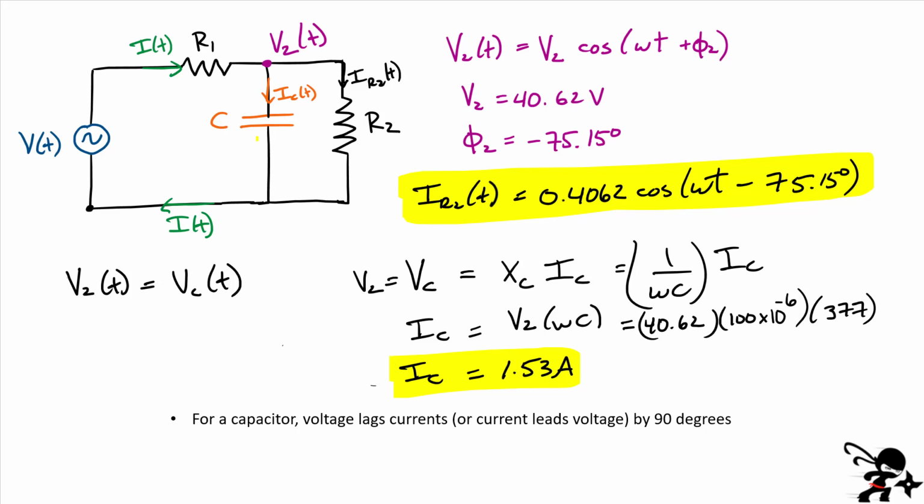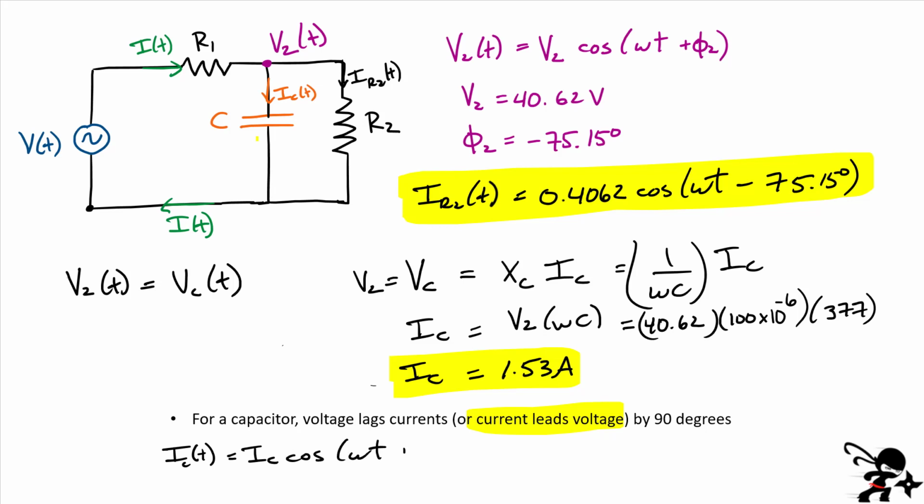So what would that mean if I try to write this second expression as an equation? I know what the voltage is. This has to be the voltage, right? It's my V2 expression. So the way you would write the current for this capacitor, you would write it as the magnitude times cos of omega t.